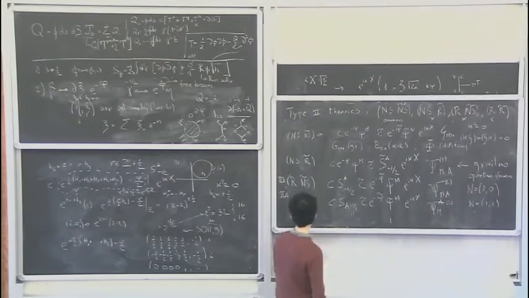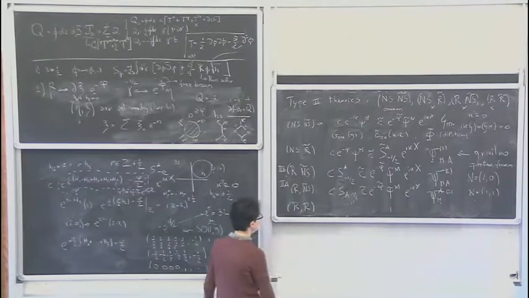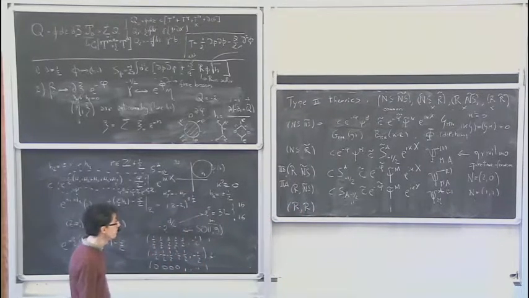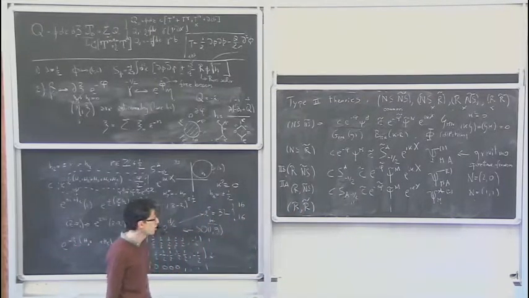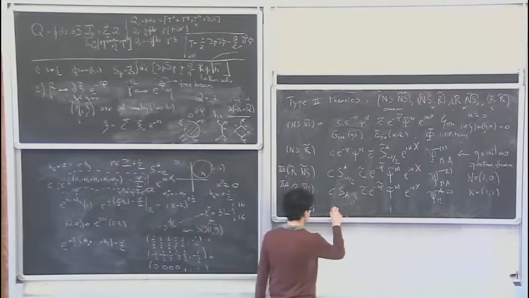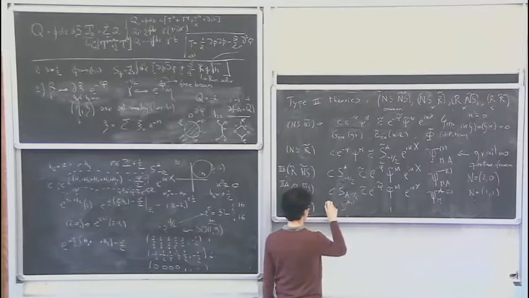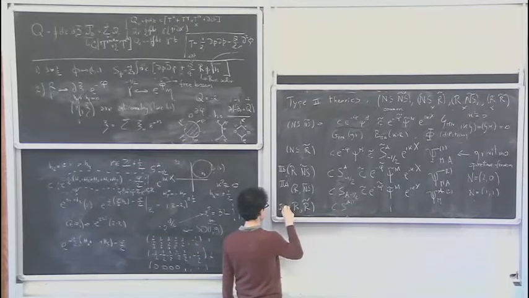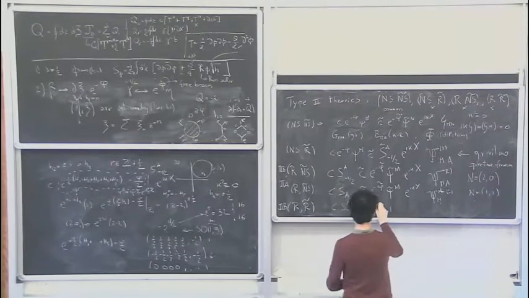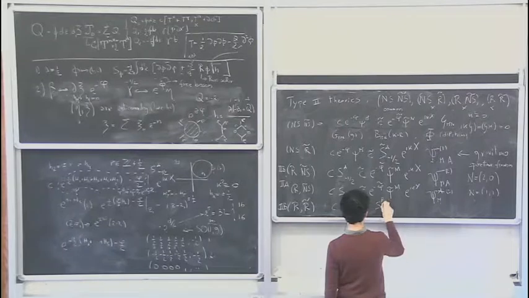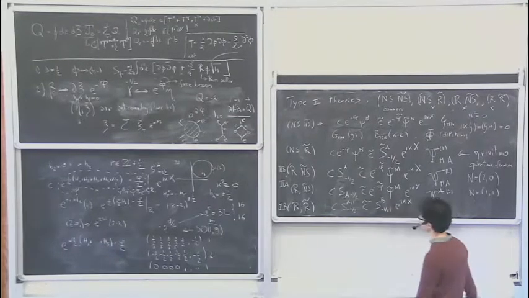So the final bit of this calculation is when you pair Ramond, both from the left and the right, both for the holomorphic and the anti-holomorphic sector. So in type 2B, you will have S^A_{-1/2} and tilde S^B_{-1/2} e^{ikX}.